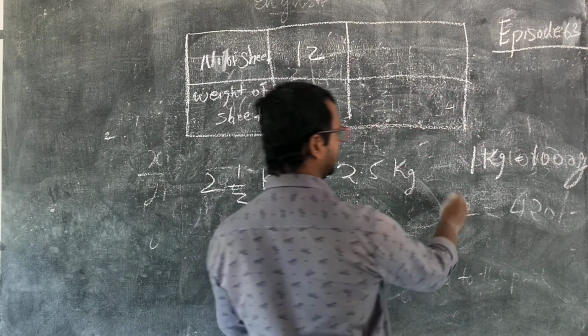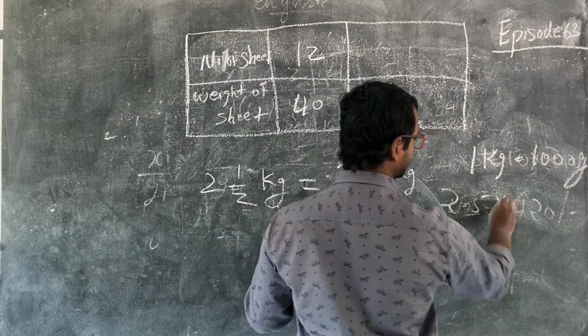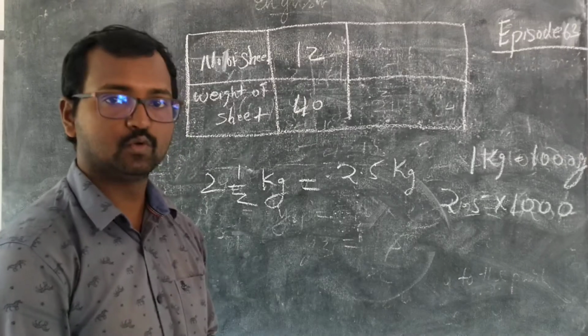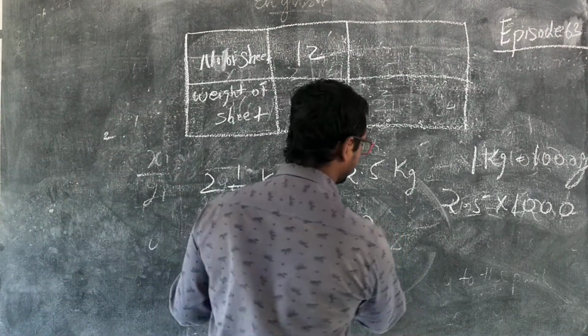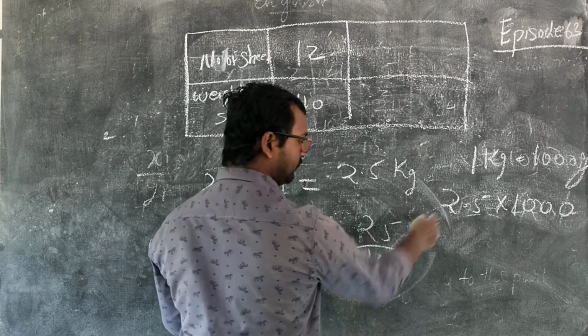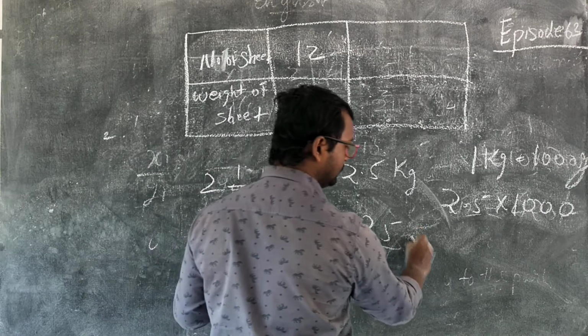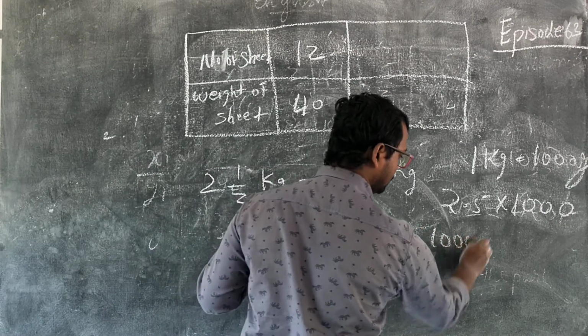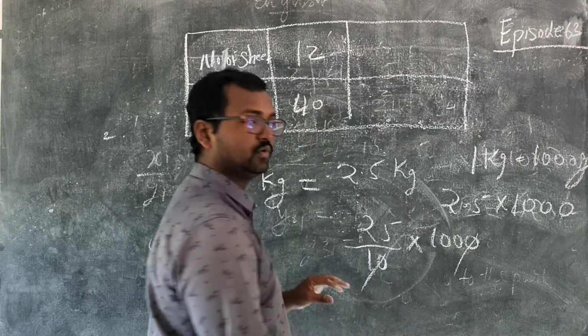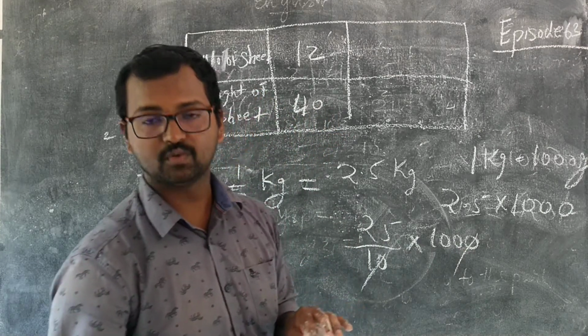So 2.5 kilo is 2.5 into 1000. 2.5 into 1000 is 25 by 10. I am converting decimal to fraction. 25 by 10 into 1000. This 0 and this 0 will get cancelled. I will get 2500 gram.